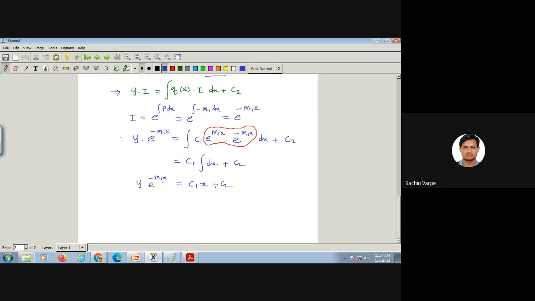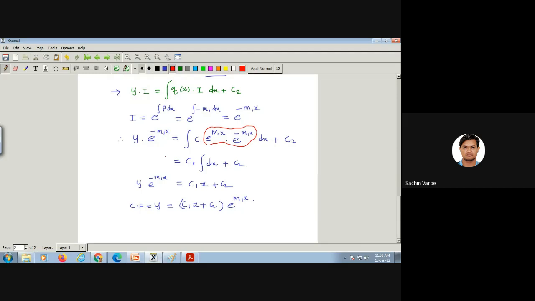So when we take this exponential function to the right hand side, what we get? y is equal to c1 x plus c2 times e to the power plus m1x. Yes or no? So this y is the solution of the homogeneous differential equation. We call this a complementary function.